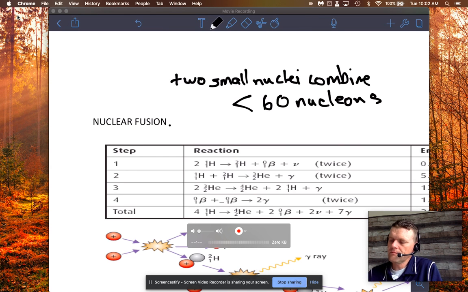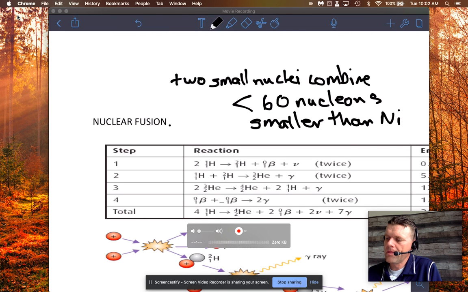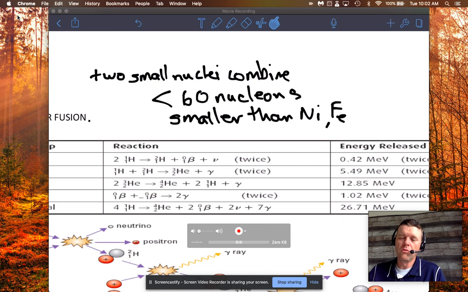Okay, and this is basically smaller than nickel and iron. Okay, if you remember, iron is the element that everything wants to go towards. Okay, so there's really no fusion that happens above iron.